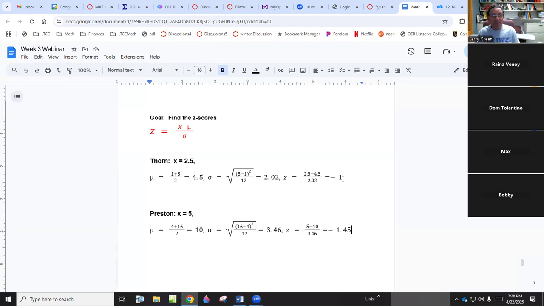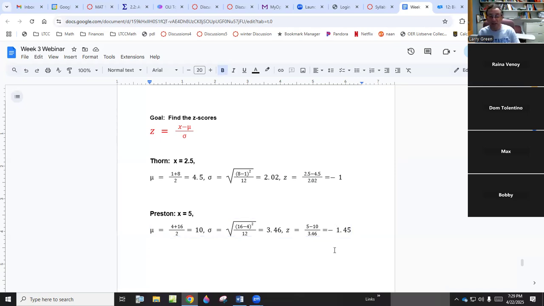Yeah, Preston. So Thorn was -1. Preston was negative 1.45. Negative 1.45 is farther to the left than -1 is. So that means Preston's water usage was more unusually small. It doesn't mean that Preston used less water, because Preston used 5 and Thorn used 2.5. It means that if you compare to the type of usage, Preston was more unusually small.